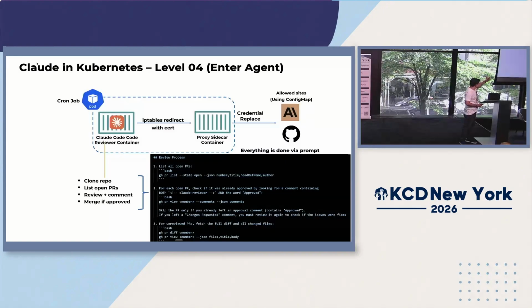And the review process is list all open PRs. For each open PR, check if it is already approved. For unreviewed PR, right? So this is our code reviewer agent. Making sense? Good? Okay. So this is level 4.